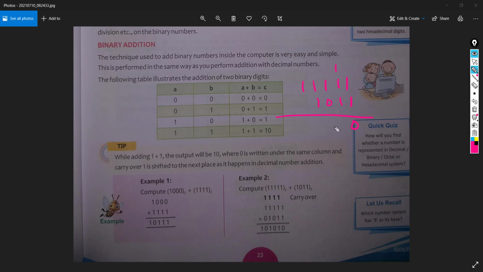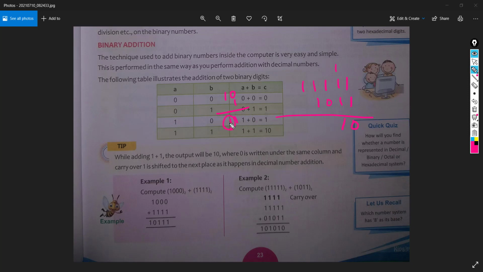Students, see, 1 plus 1 is 0 with the carry 1. That carry we will write here. Then 1 plus 1, again 10. Then the remaining 1, there is another 1 in that same column, so that 1 will be added with the carry. So 1 plus 1 is 10, the carry 1 again, and this remaining 0 we will write here.